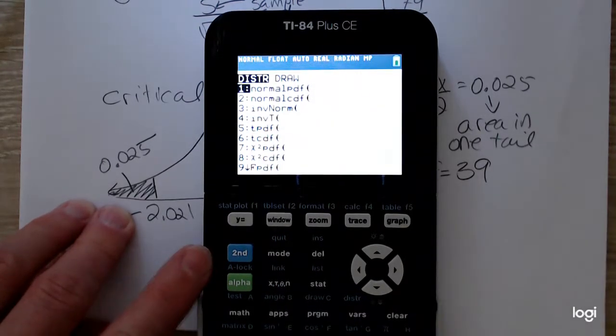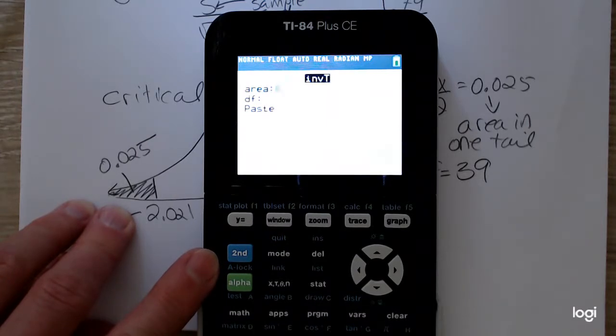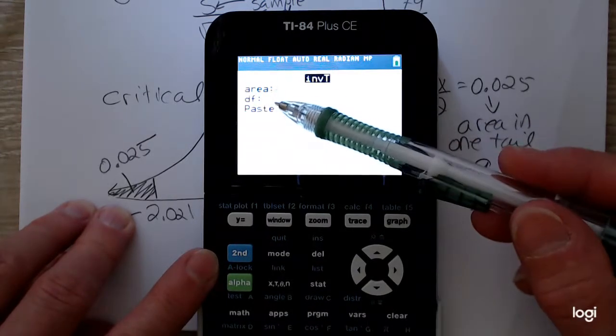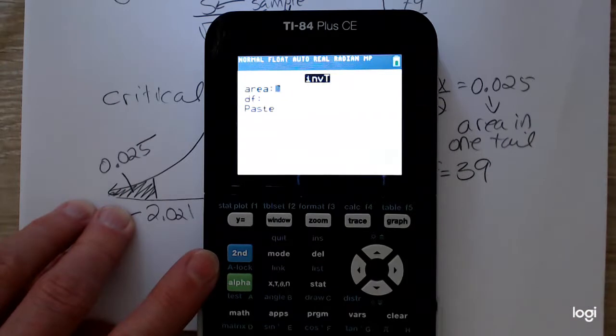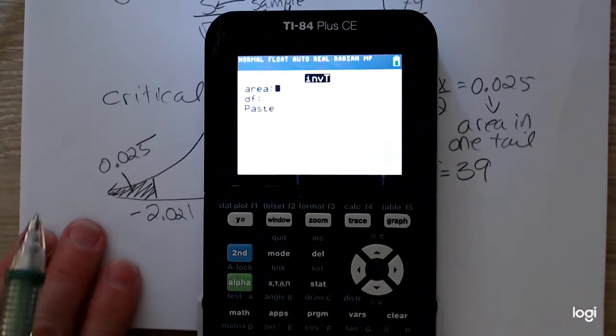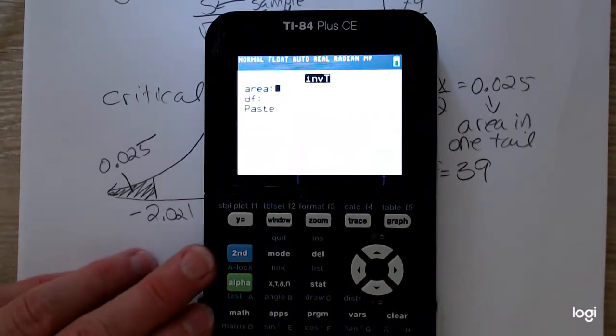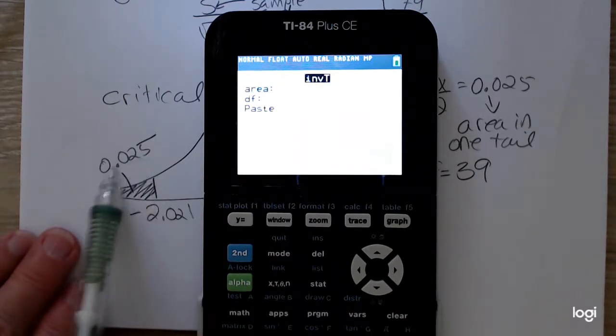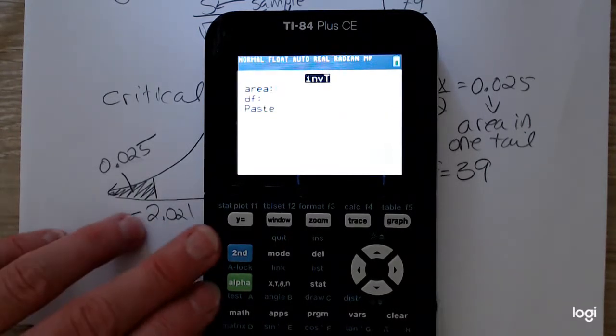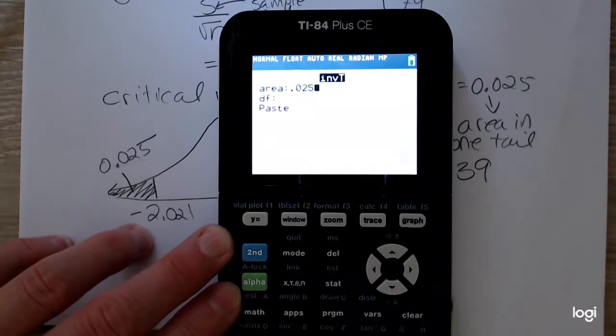So option 4 is inverse t. It needs a cumulative area as its input. I could use this lower critical value, this lower tail area, 0.025, and it needs the degrees of freedom, which is 39.